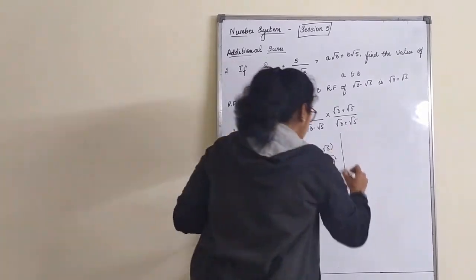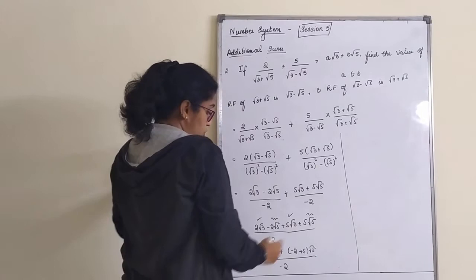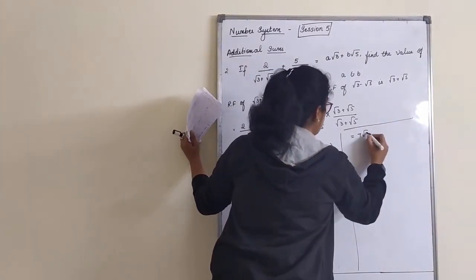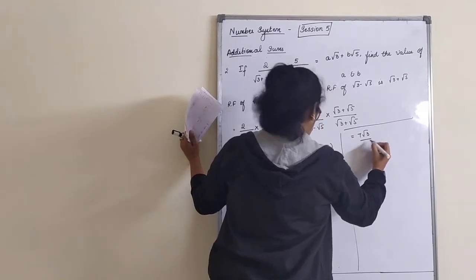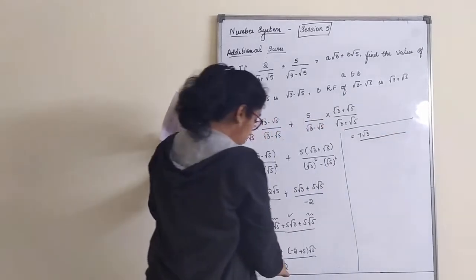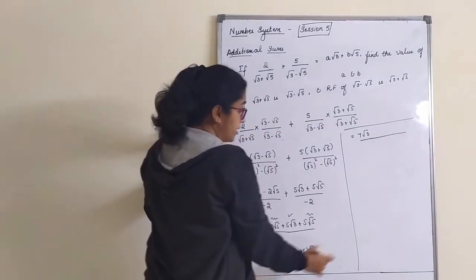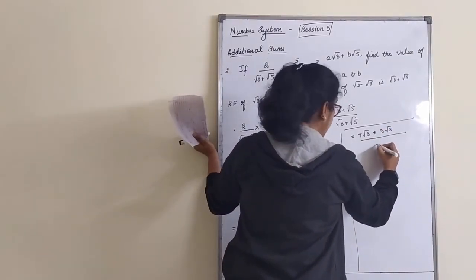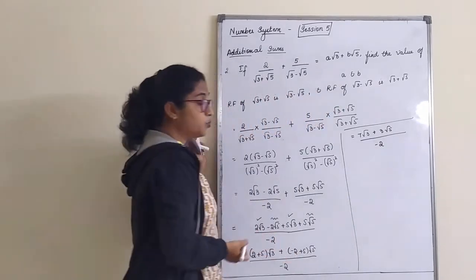Next step: 5 plus 2, 7. 7 root 3 plus 5 minus 2 is 3, 3 root 5, divided by minus 2.